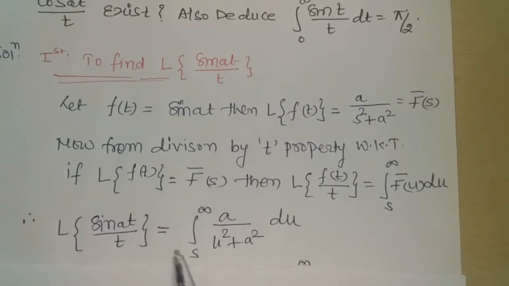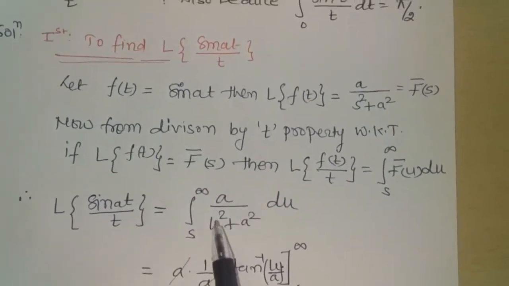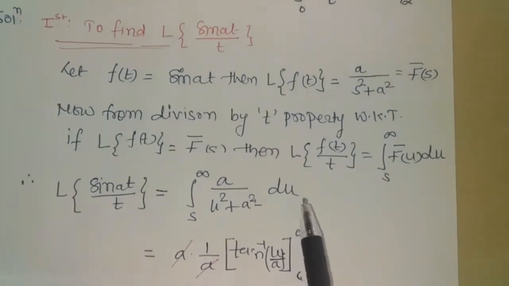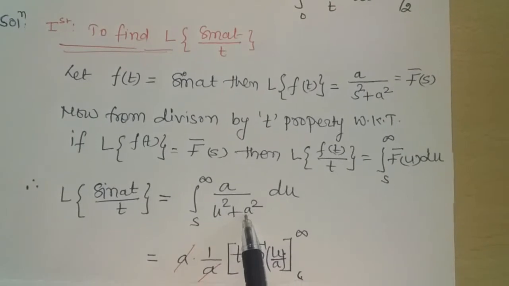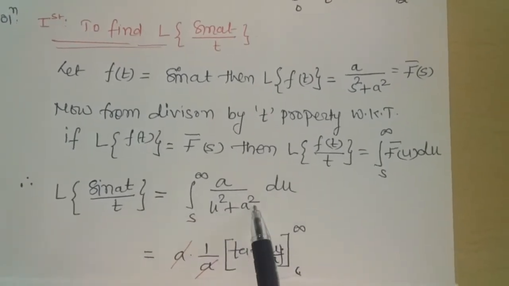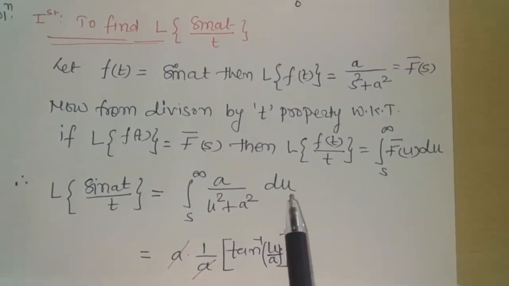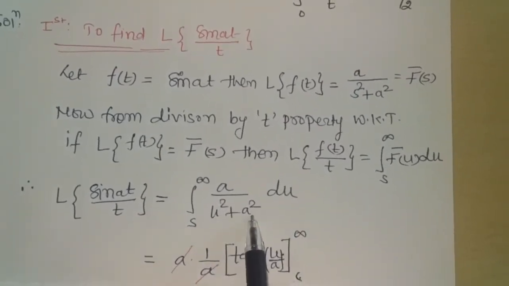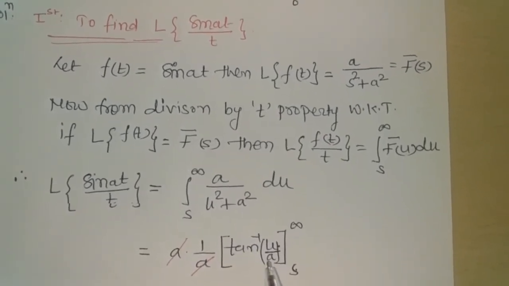Now we integrate this integral. a is constant, so it stays as it is. The integration of dx upon x square plus a square is 1 upon a tan inverse x by a, so the integral of du upon u square plus a square is 1 upon a tan inverse u by a.